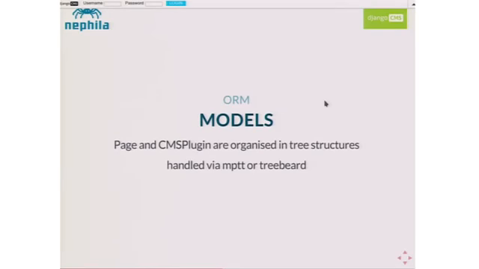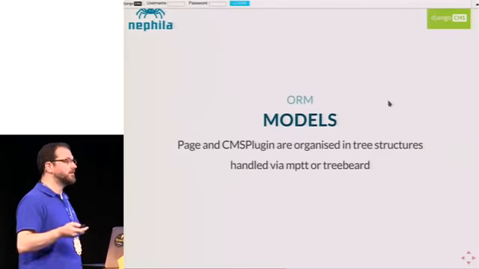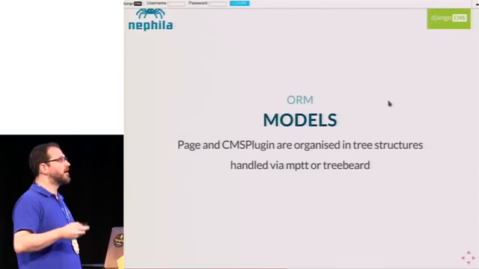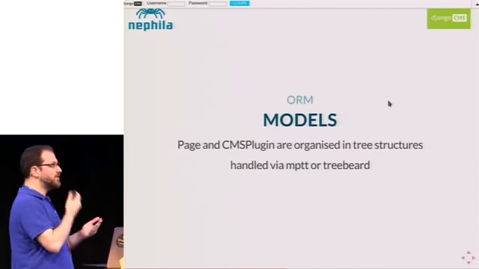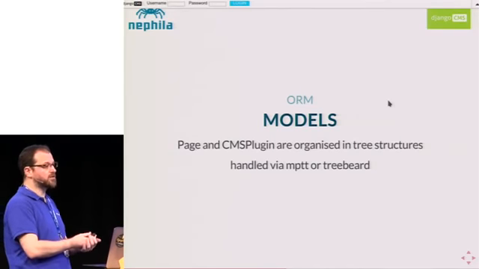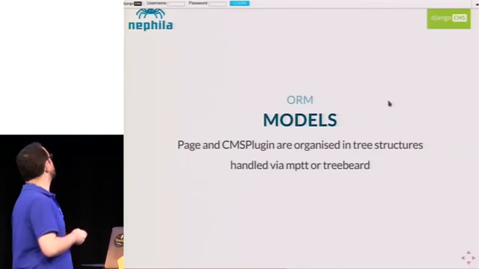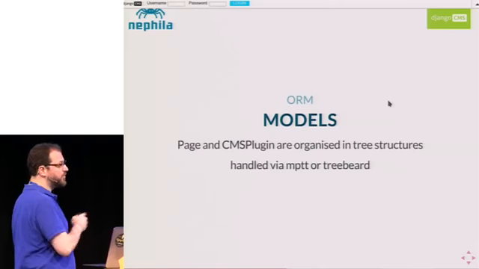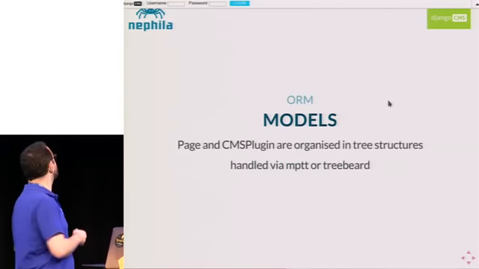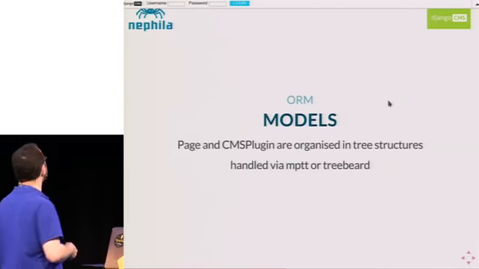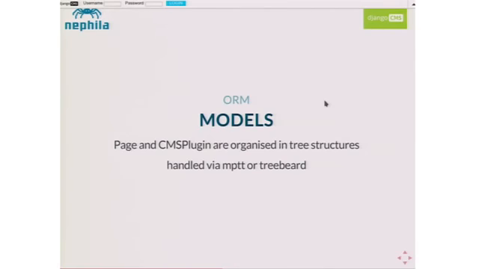So, as I said before, page and plugin, in this case the plugin model, are basically tree structures. And we use MPTT or treebeard, according to the Django CMS version, to handle all the tree intricacies.